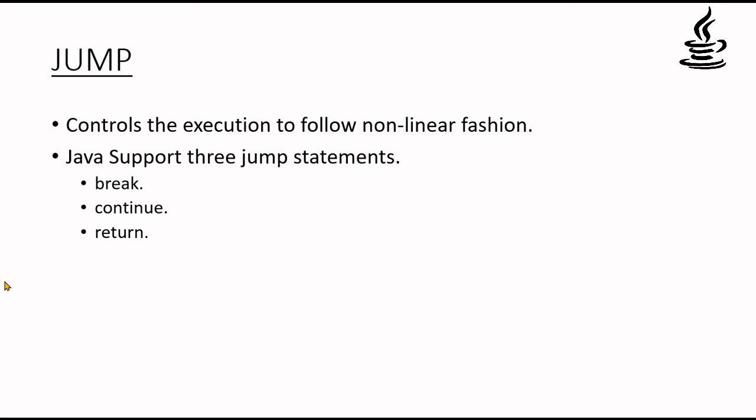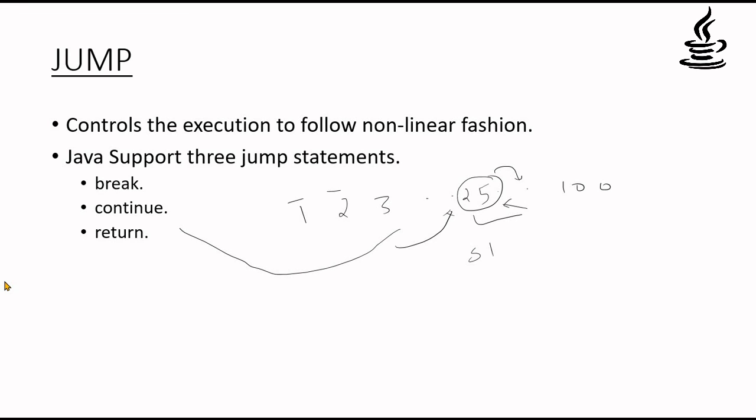For example, let's say we have a sequence of numbers between 1 to 100, and we want our program to go through each number one by one, and if it encounters a number, let's say 25, then it either breaks from the loop and stops the execution, skips this number and jumps to the next number, or completely terminates the program. All these three operations can be performed by the break, continue and return jump statements that Java provides us.